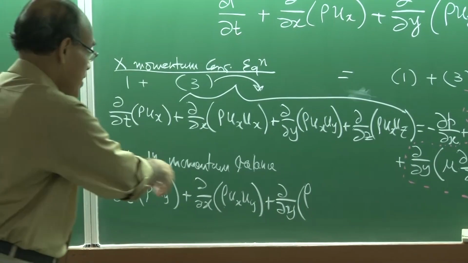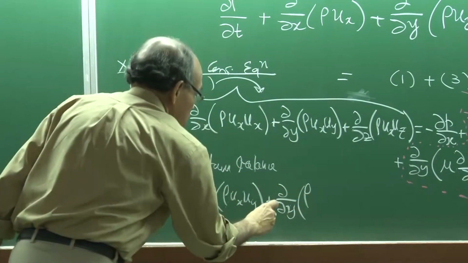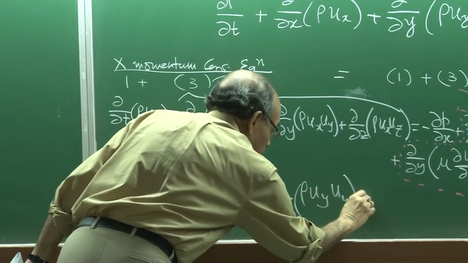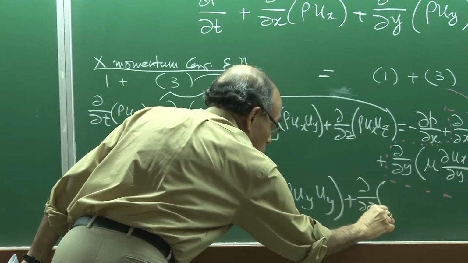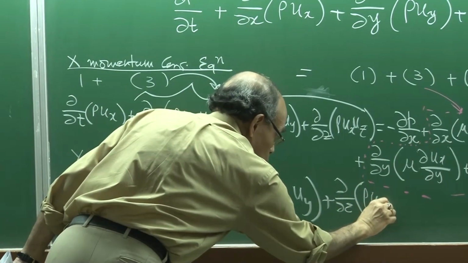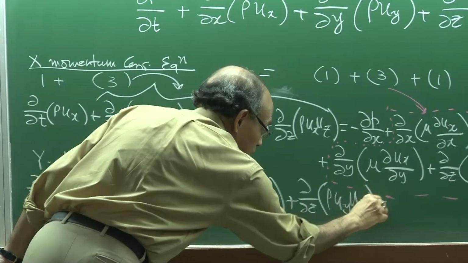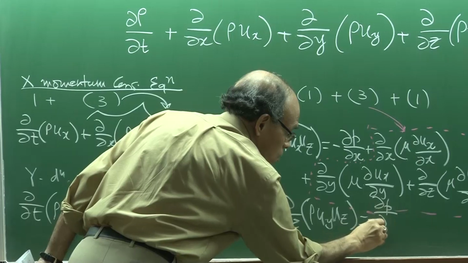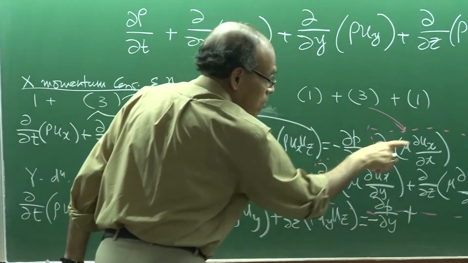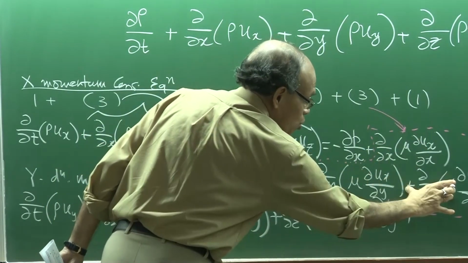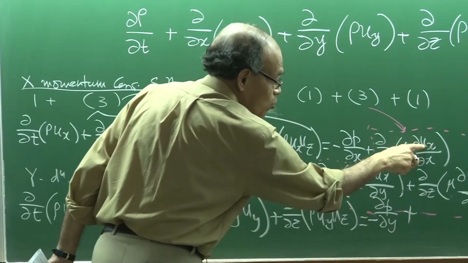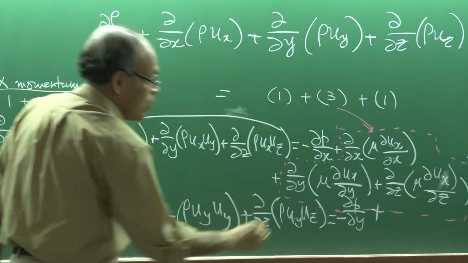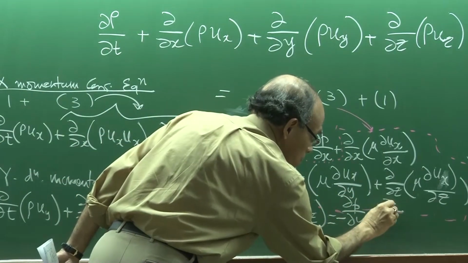Okay, I guess it is still visible. So, rho uy, and then we have uy uz, and then you have the same pressure gradient term, but with respect to y. These three terms are going to be repeated, but instead of ux you are going to write uy, uy uy along the x, y and z direction, and then we will get the same.